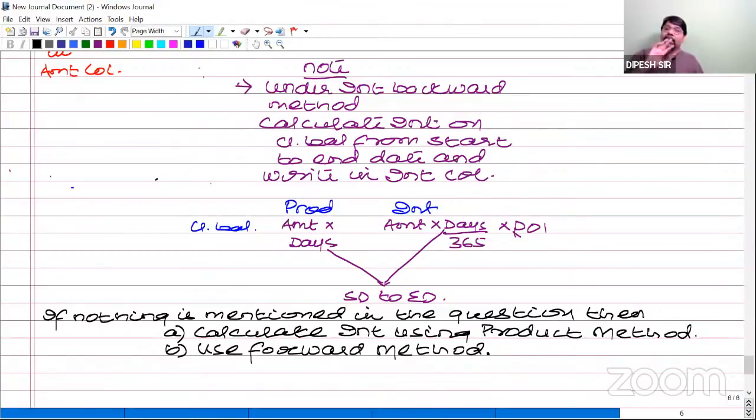Simple, chartered. So if nothing is mentioned about interest, product. If nothing is mentioned about method, forward. So if nothing is mentioned in the question, which things to follow? You'll follow the forward, product method. Am I clear, chartered? Yes, sir.